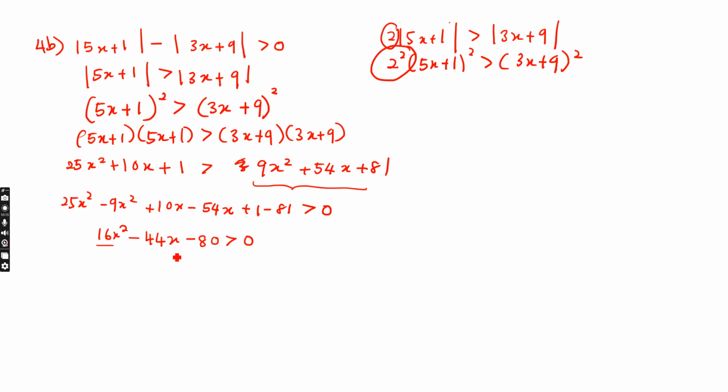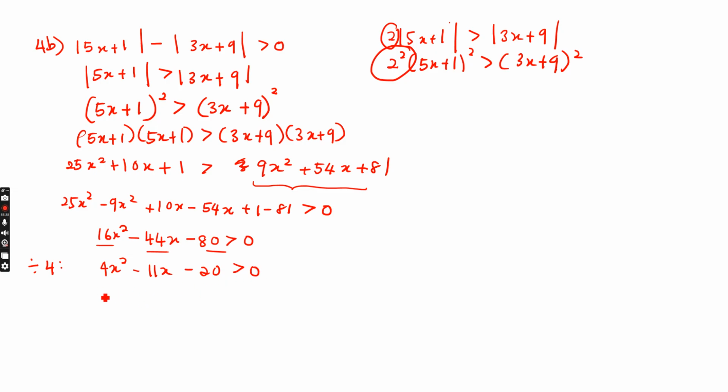If you see here 16, 44 and 80, if you want to simplify it, we can divide all of this by 4. So 16 divided by 4 gives 4x squared, 44 divided by 4 gives 11x, 80 divided by 4 gives 20, and then greater than 0.